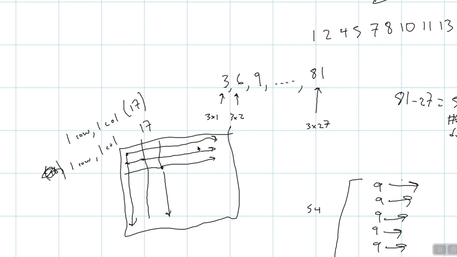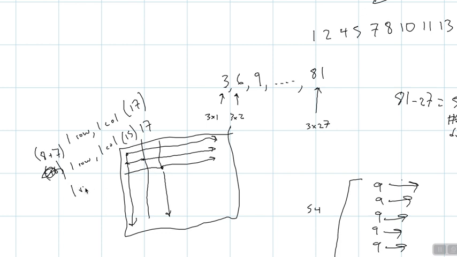So this whole row is 9. So in terms of new numbers that we've used, we used 8 new numbers plus this column 7. So actually this is 15.